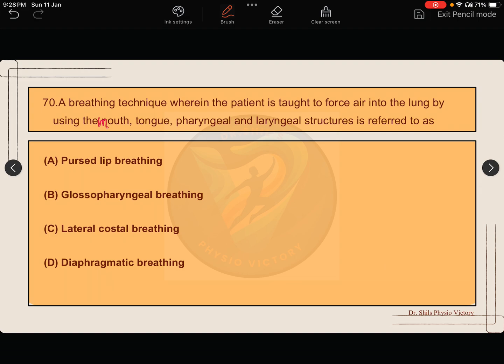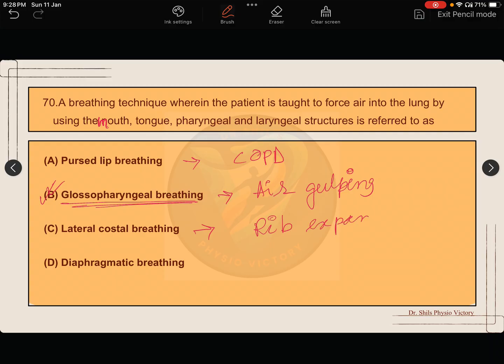So here the correct answer is option B, glossopharyngeal breathing, also called air gulping. Pursed lip breathing is seen in COPD. Lateral costal is rib expansion. Diaphragmatic breathing is a normal breathing pattern.